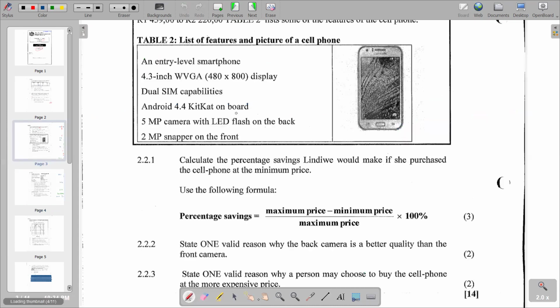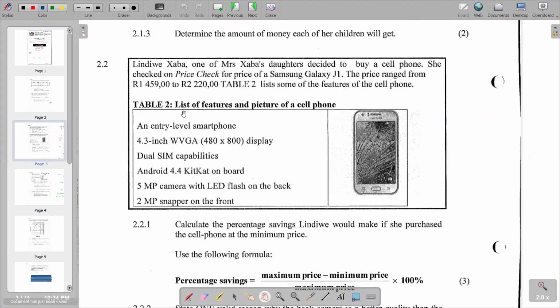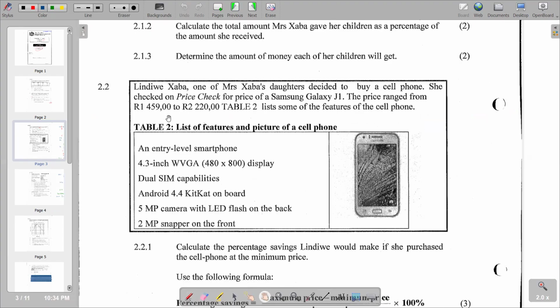If you go back to the information given, you see that the price given here is 1,459 rands being the minimum, and then maximum being 2,220 rands. So basically, we are going to say 2,220 rands, and then we subtract 1,459 rands, then that will be our numerator. Then our denominator will be our maximum price, which is going to be 2,220.